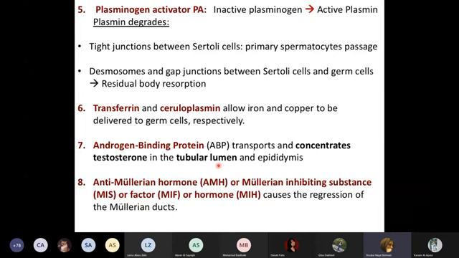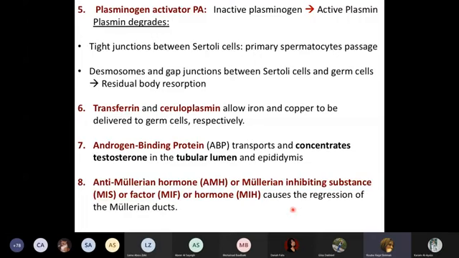And we said at that time that it has so many other names, like Mullerian inhibiting substance, inhibiting factor or hormone. This molecule is secreted by the Sertoli cells and is responsible for the regression of the Mullerian ducts. Now, these are the different secretions that are done by Sertoli cells.